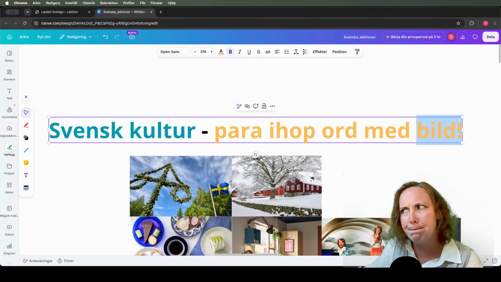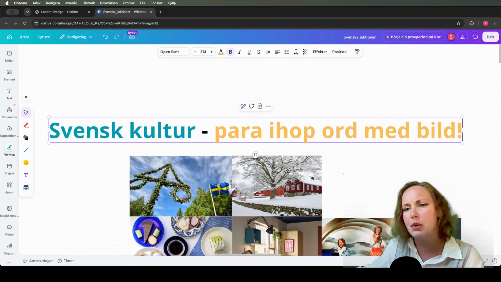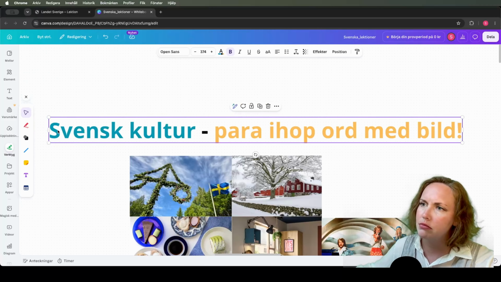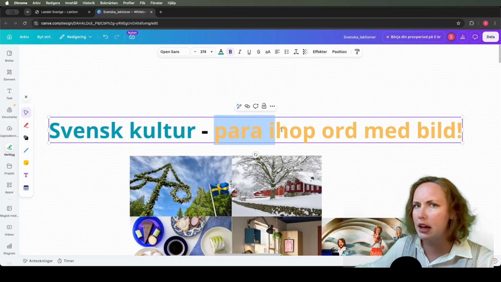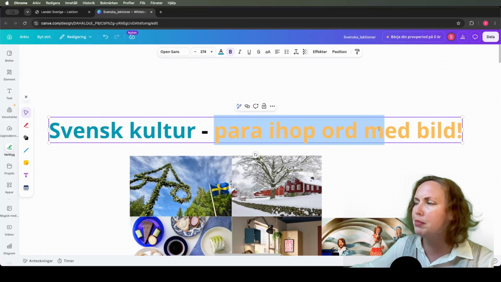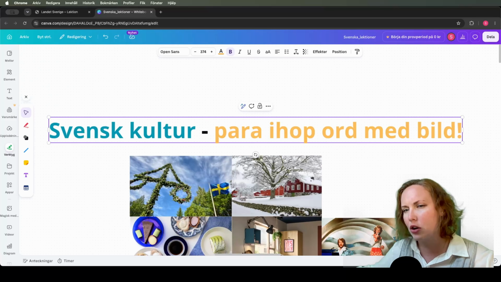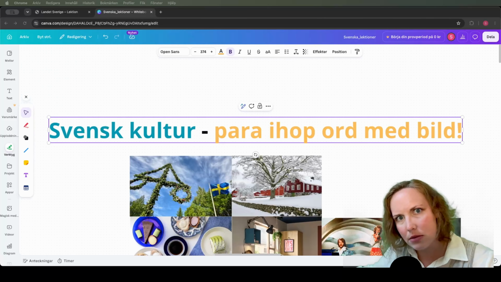So you can think about what we think this means. I'm gonna spoil and tell you what this means. It means Swedish culture, pair together word with picture. So this is now what we are going to do together, you and I, as a team.